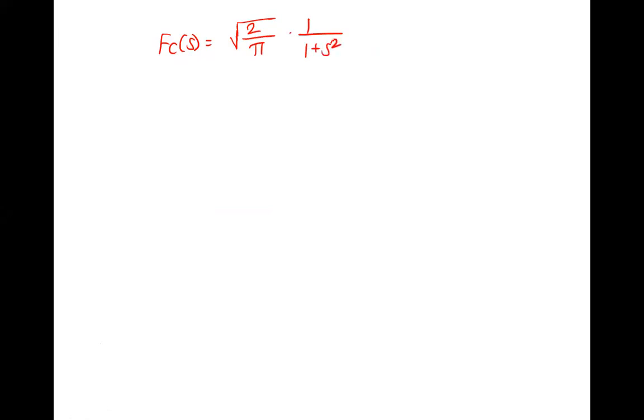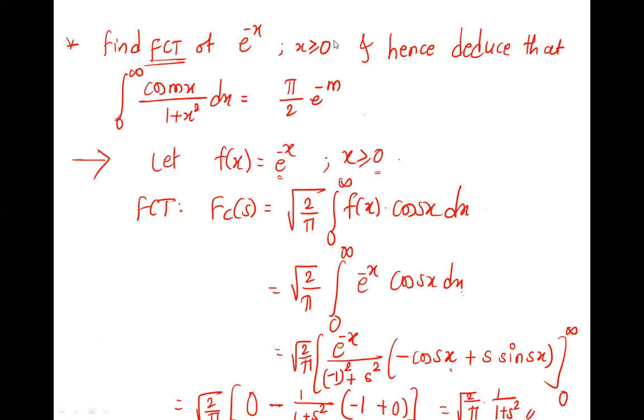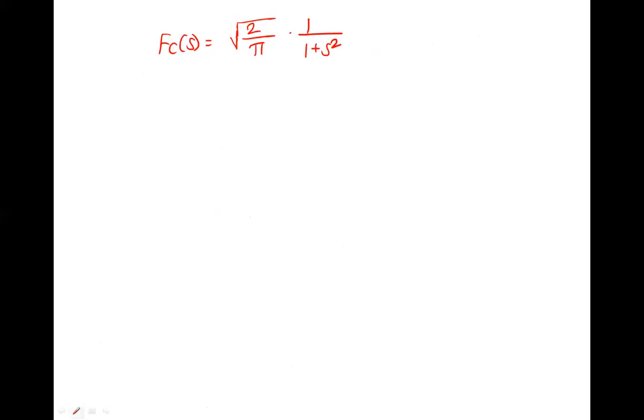Now the question says hence deduce this. Whenever the deduction comes after the Fourier cosine transform, it is the inverse Fourier cosine transform, where we get the function back.